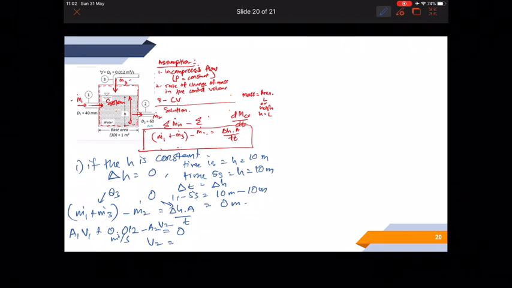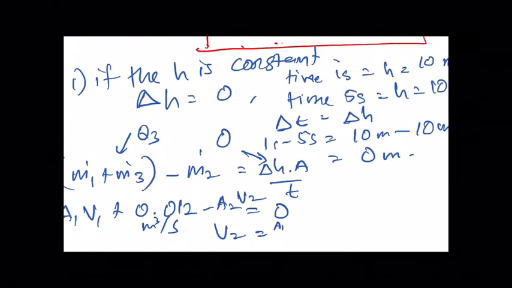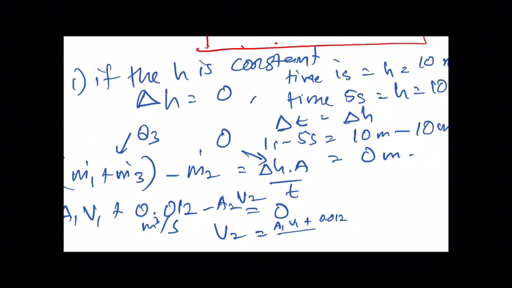So write down the area and then the velocity at point 1. So velocity at point 1 is given, right? Velocity at 1 is 5 meter per second. So A1 V1 plus 0.012 divided by A2.